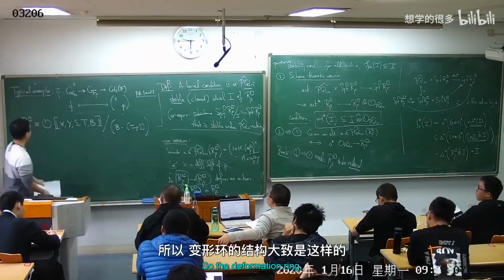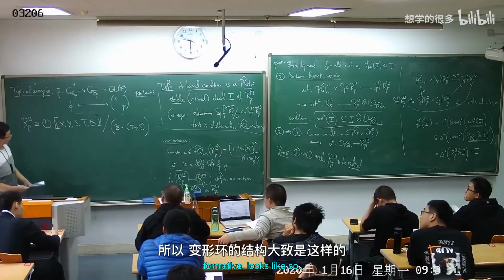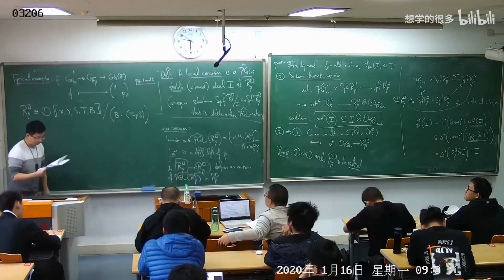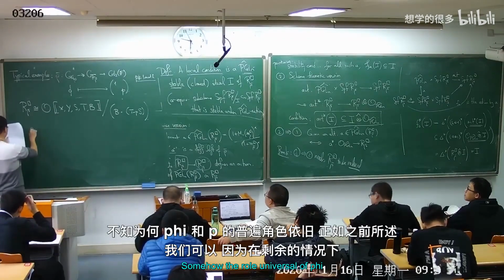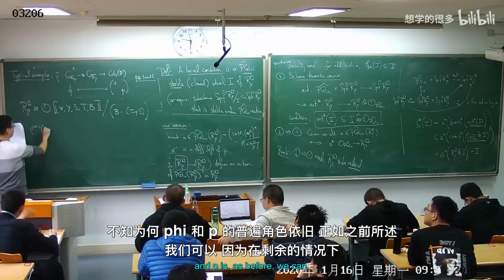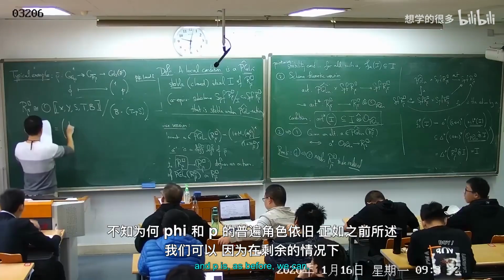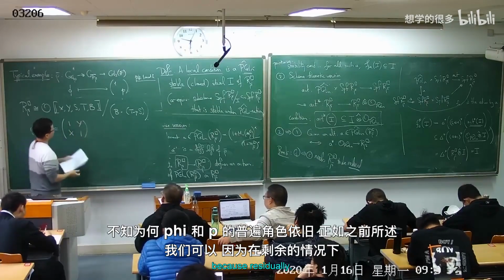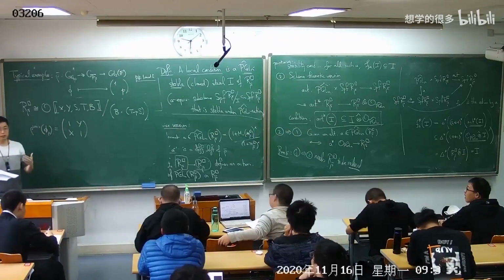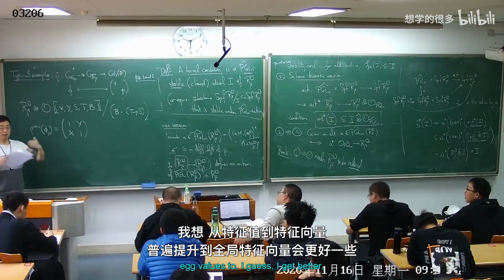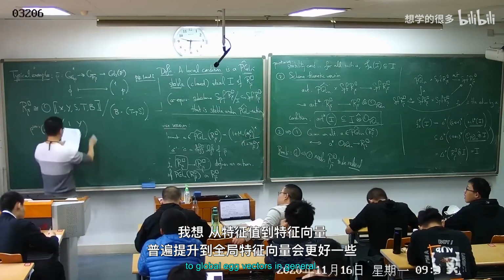So the deformation ring formally looks like so. What do these variables represent? Residually we have two distinct eigenvalues, so I can lift these residually distinct eigenvalues and eigenvectors to global eigenvectors in general.